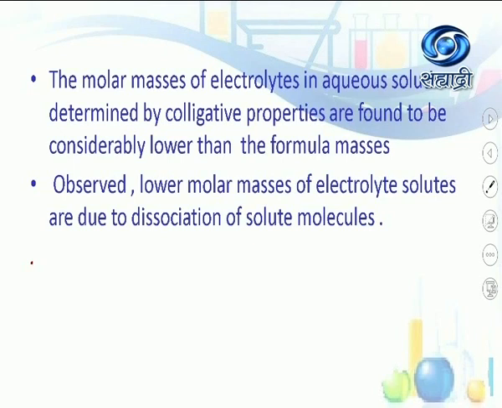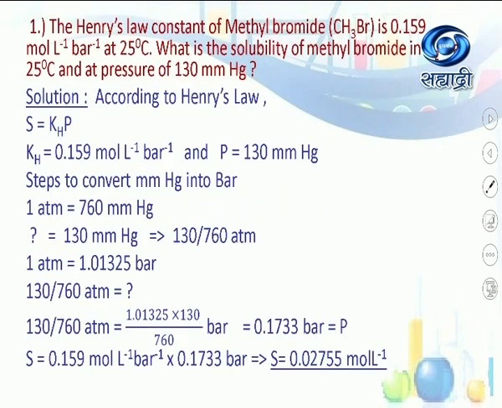So the lower, that's why the molar masses of the electrolyte in aqueous solutions determined by the colligative properties are found to be considerably lower than the formula masses. Due to what? Due to the dissociation of the solute molecules.